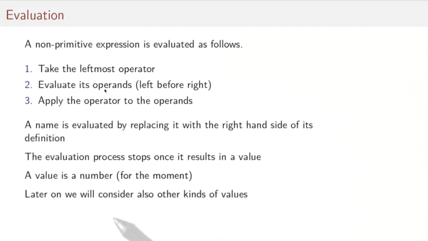What about evaluating a name? Well, that's evaluated by replacing it with the right-hand side of its definition. We apply these steps one by one until finally the evaluation process results in a value. And for the moment a value is just a number. Later on we'll also consider other kinds of values.